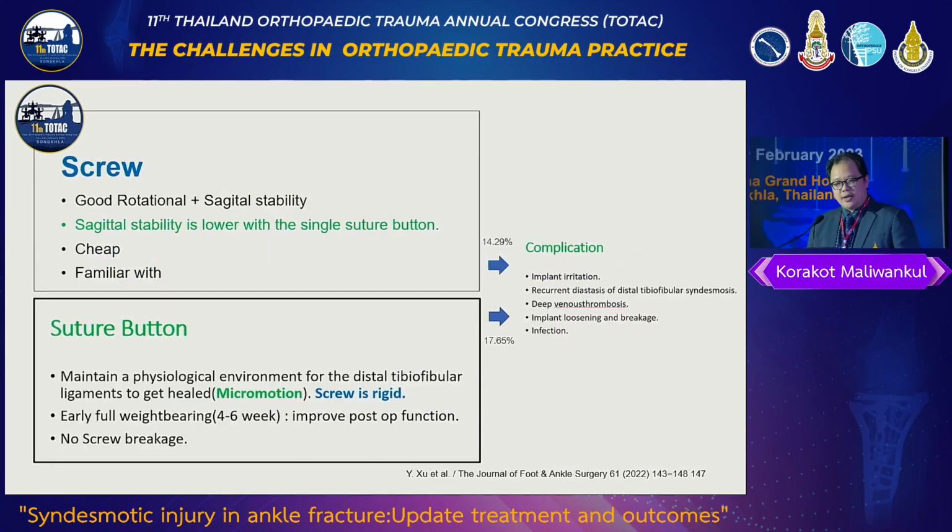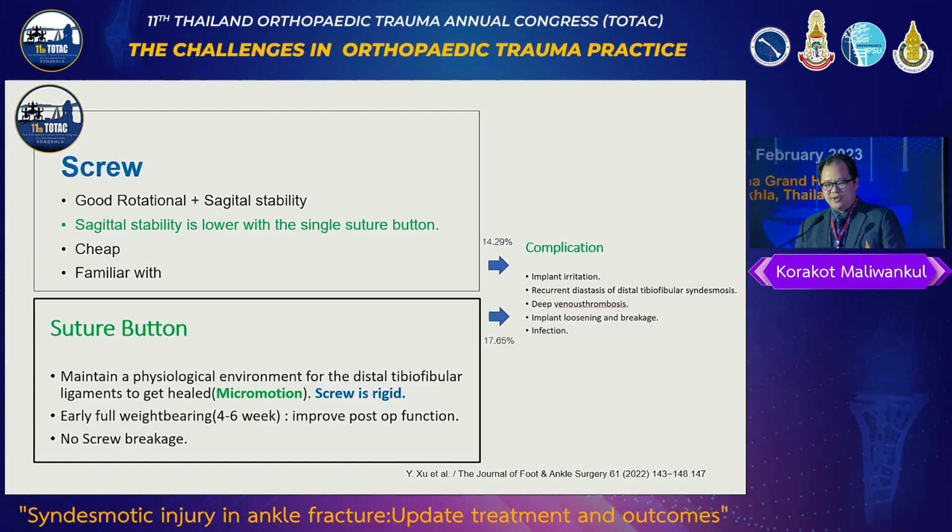This is a little summary for the screw and suture button. The screw shows good stability, both rotational and sagittal, and it's cheaper, and everyone in this room is familiar with it.